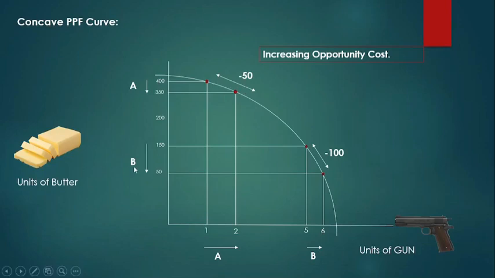And at point B, if the producer wants to produce 1 extra unit of gun from 5 to 6, the producer has to sacrifice 100 units of butter. Here you can notice that the cost of sacrificing is increasing whenever the producer wants to produce more units of gun. That is why this concave curve shows the increasing opportunity cost.